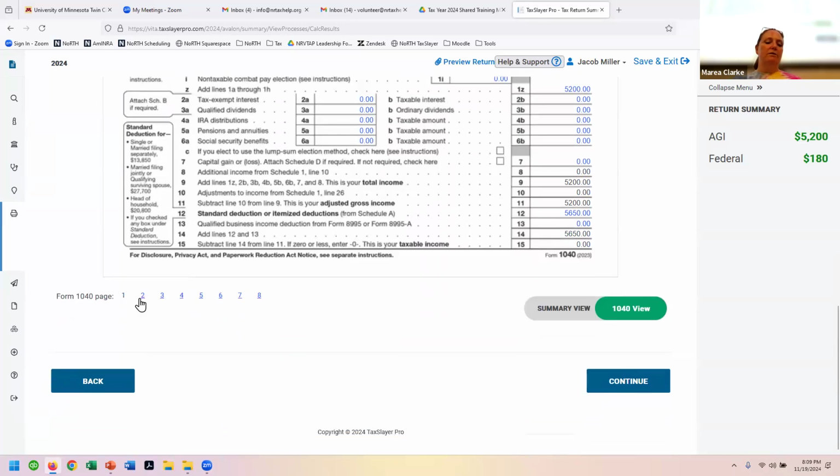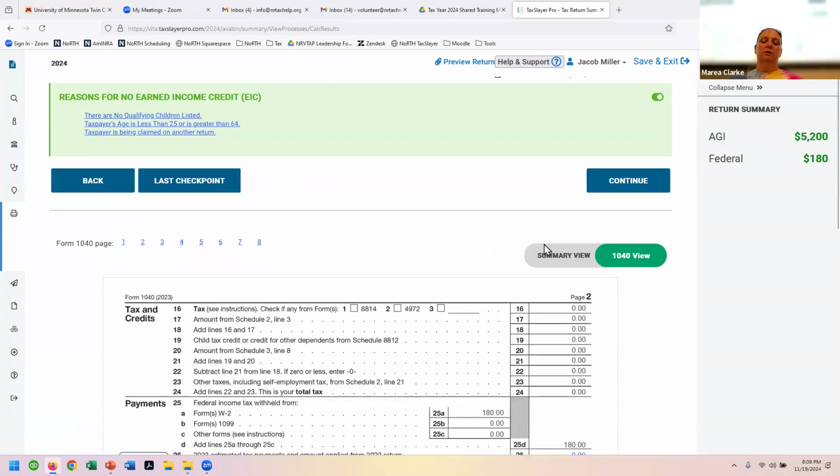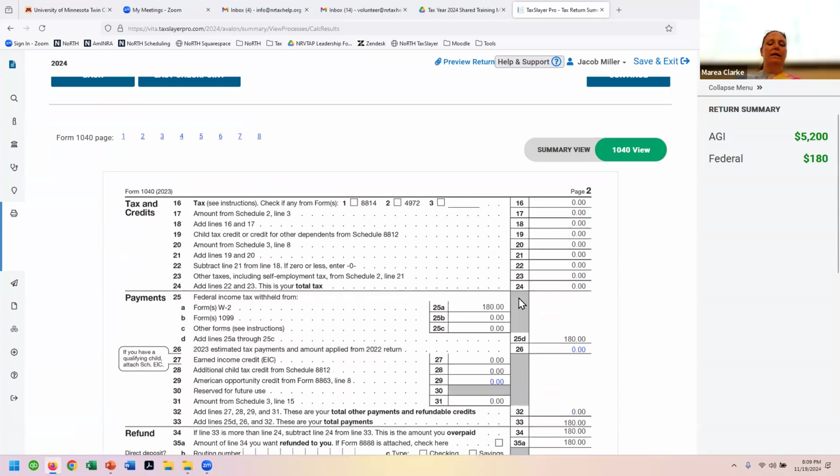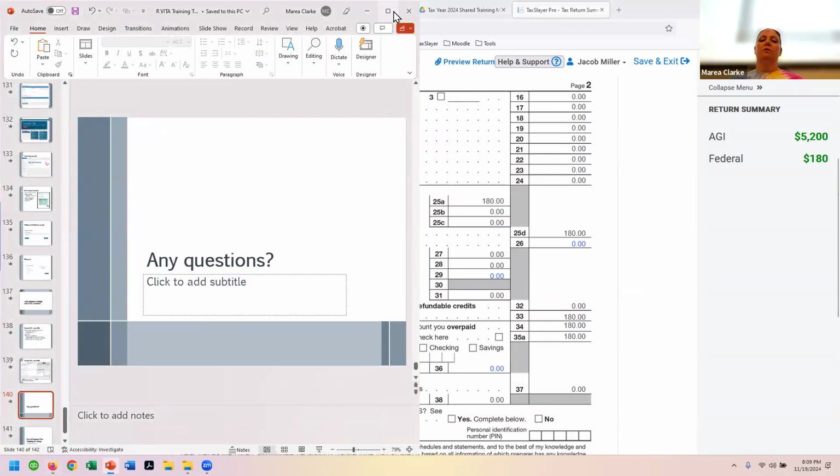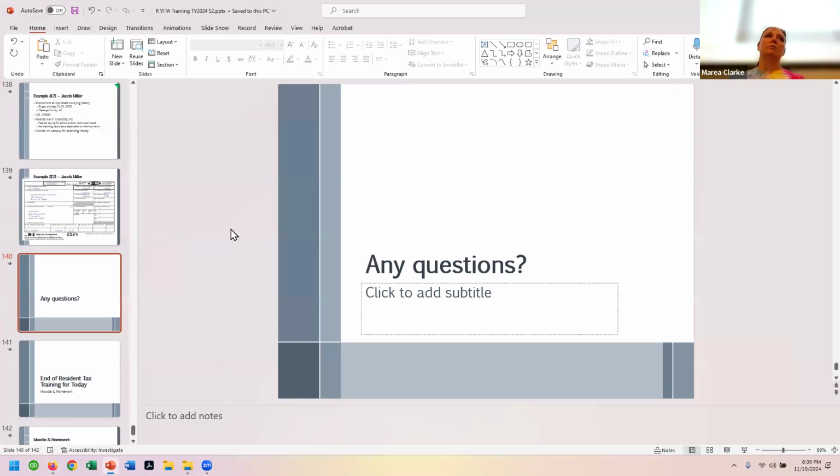He owes no tax. He had $180 taken out. He gets all of his money back. And the software did it for us, right? We didn't have to do anything except enter the information on the return. So it is a very simple return, but at least some of our clients will be very simple returns.